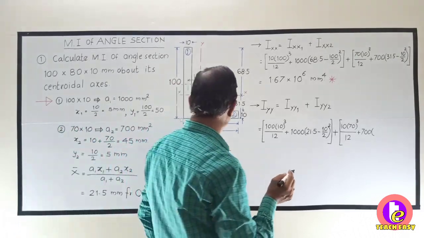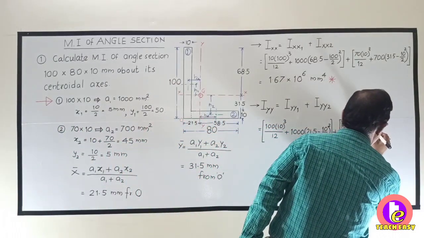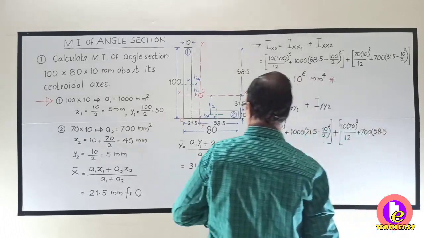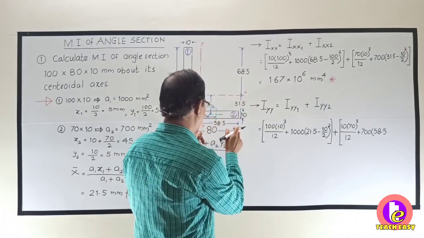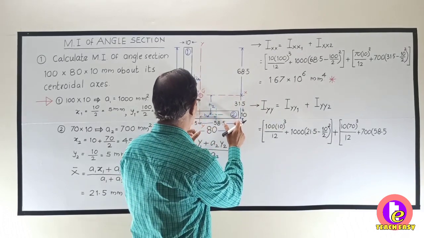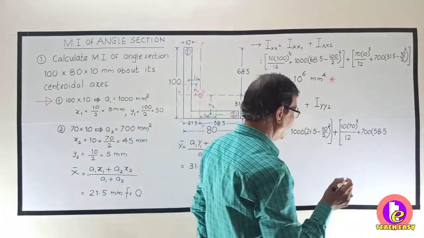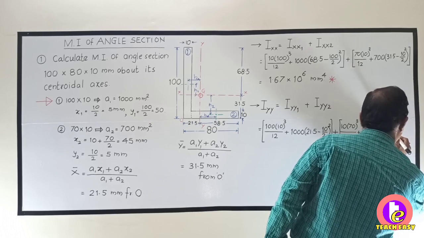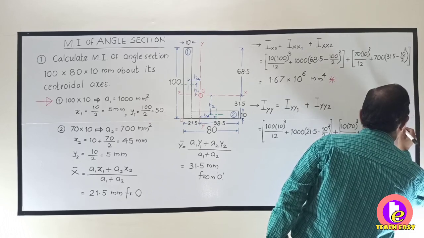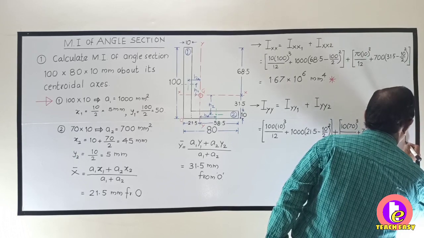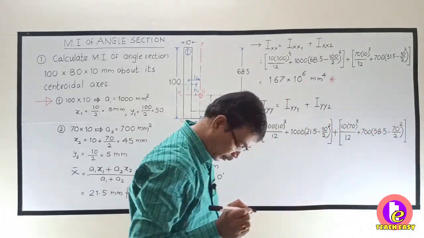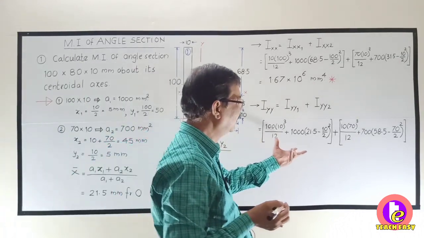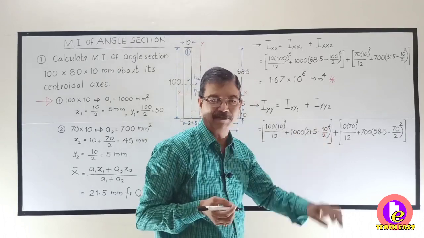So it will be 58.5 minus 35. How is 35 calculated? This is 58.5, this is 70, so this is 35. That is, it is 70 by 2, bracket square and big bracket complete. So calculate. You should start and you should end with the answer.